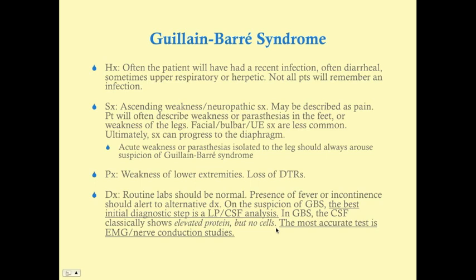Elevated protein but no cells doesn't happen anytime else but Guillain-Barré syndrome. So the best initial diagnostic step is cerebral spinal fluid analysis, which shows elevated protein and no cells. Now, the most accurate test to diagnose Guillain-Barré syndrome, but not the first test, is going to be an electromyogram.